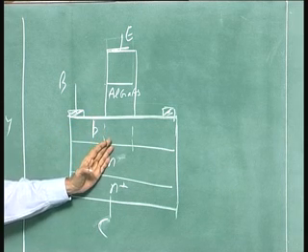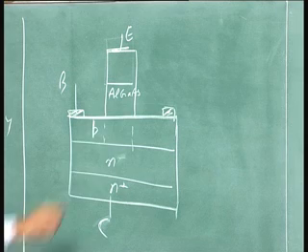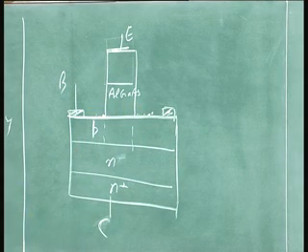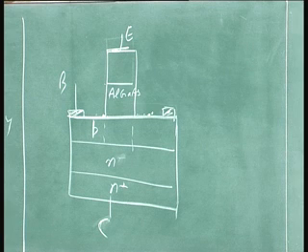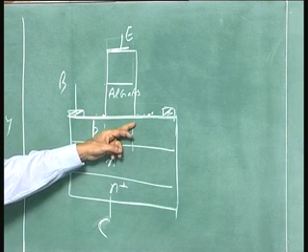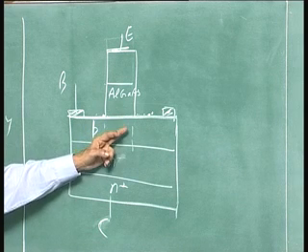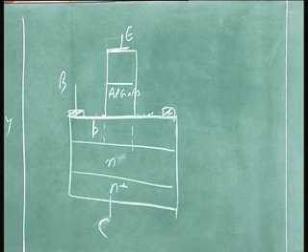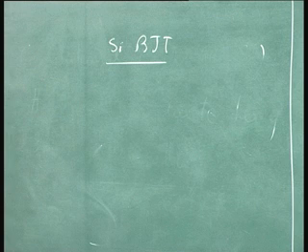But what you will see is this particular surface is active, in the sense it is very sensitive, because it is left open like that. There is no oxide. In the case of silicon BJT, you have got oxide on the surface. So, we can come back to that and see one more diagram for silicon BJT. What do you have?